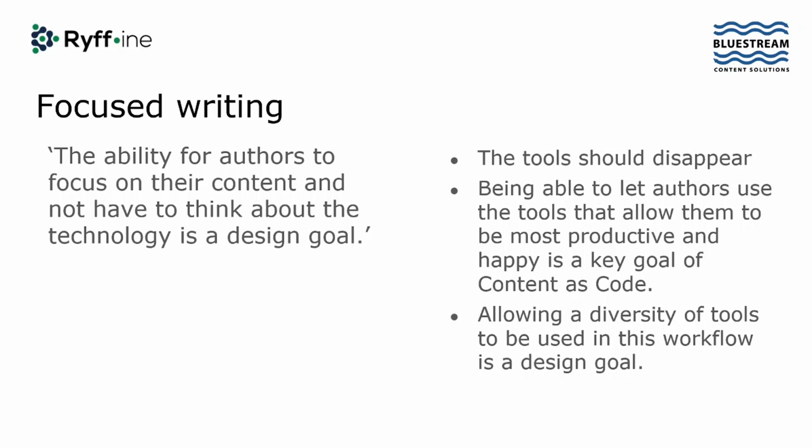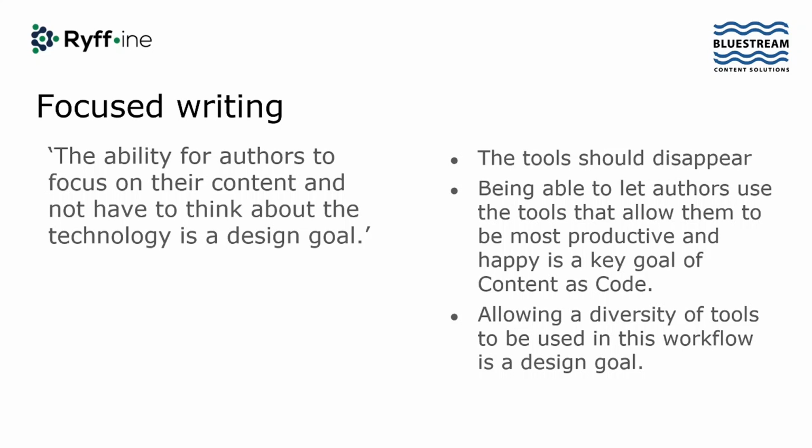That takes focus, that takes time. And when you're messing around with technology, trying to figure out just how to check your content in or merge your content with another conflicting set of content, the more time you spend on that, the less time you're doing focused writing.